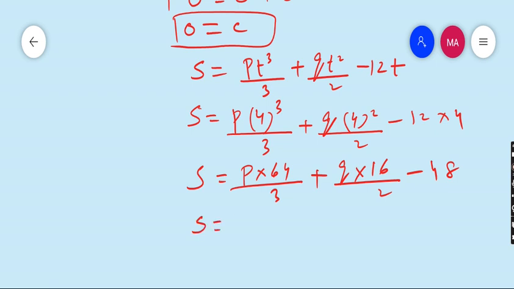S is equal to 64p upon 3 plus 8q minus 48.